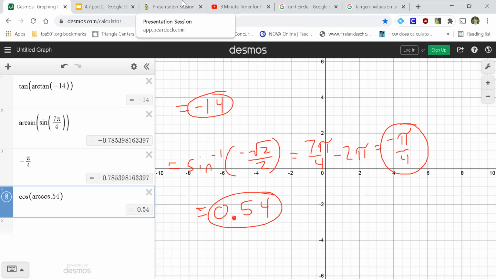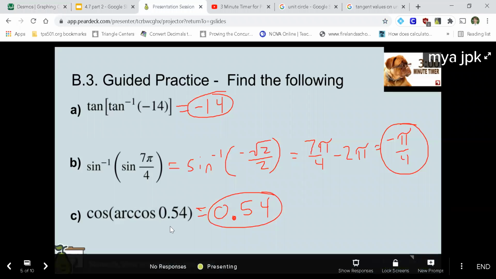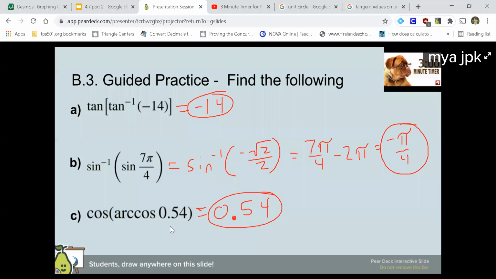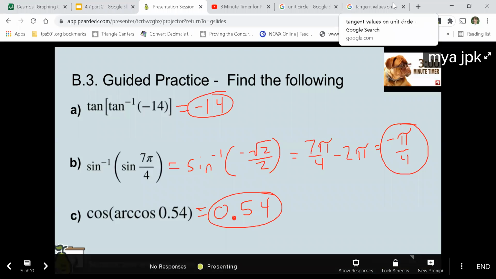Questions about any of these problems? Do we feel okay about this?